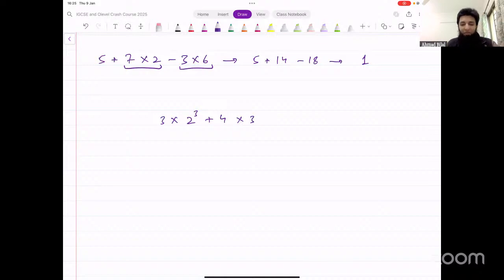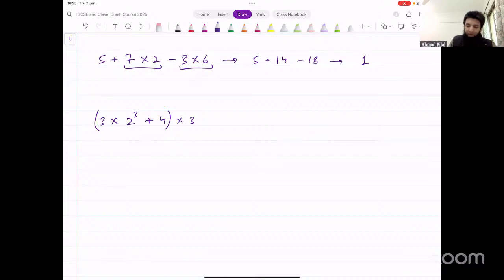Okay, so I've got something like this now. How do I evaluate this? I also have a bracket here like this. Now, according to BODMAS, what has the highest priority? Brackets. We have to evaluate the bracket first. Even though we've got multiplication here, we are not going to do 4 into 3 yet because of this bracket. So we cannot do multiplication first.